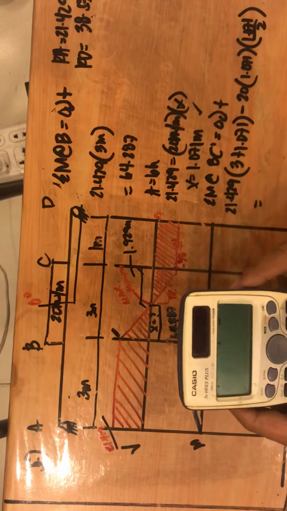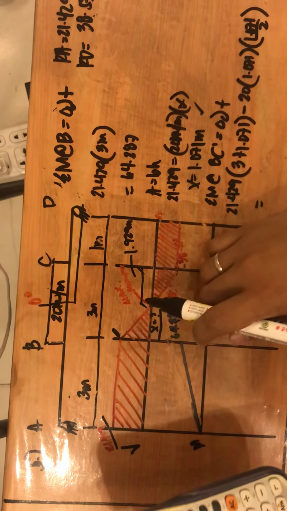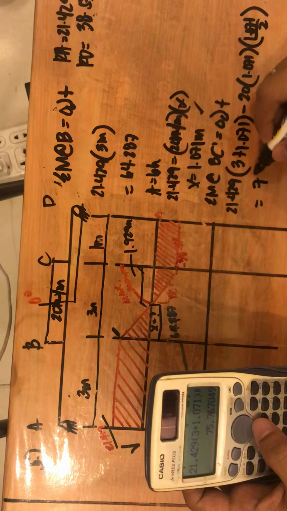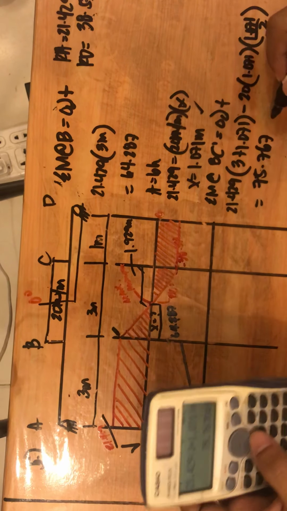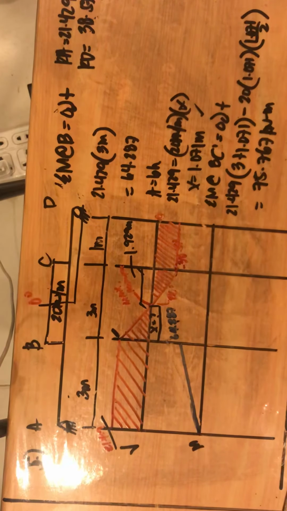As you can see, it is higher than the moment from point A to B. So it is 75.767 kilonewton meter.